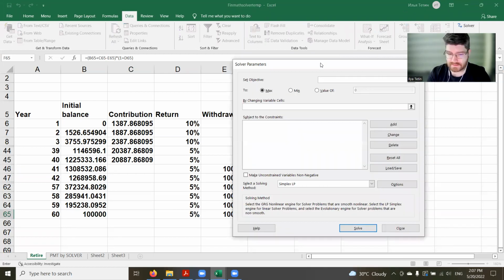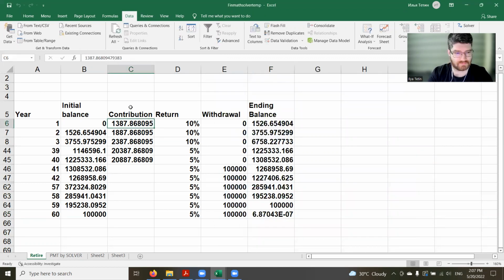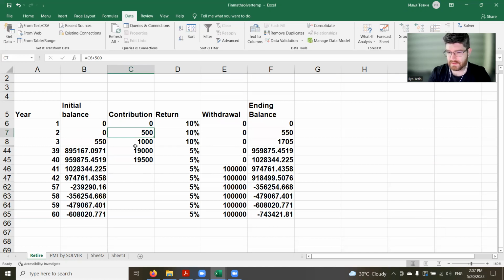Okay, so let's try to find out the values here. So initial contribution should be zero. This is what we have to find. We have to find how much we should initially contribute to make our ending balance equal to zero at the end of the 60th year, given that we will add up 500 each year to our scheme.